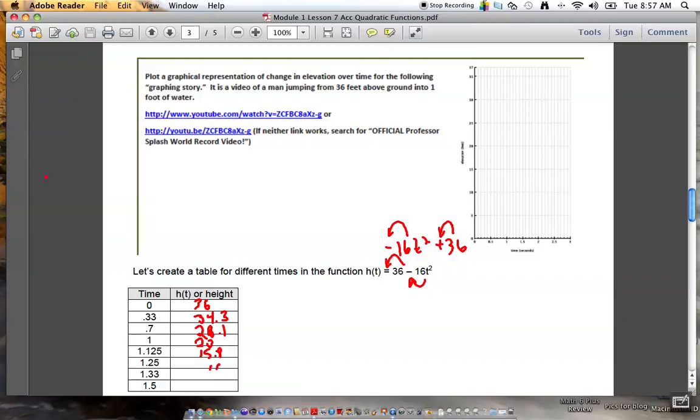Okay, 7.6, so we'll make this 7.7. And last, I think this is going to work out to be 0. Negative 16 times 1.5 squared plus 36. I'm almost positive that's 0.